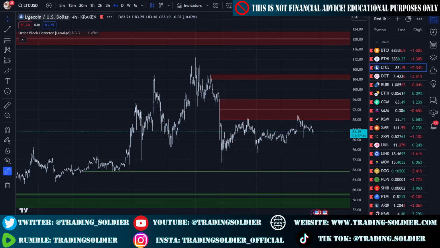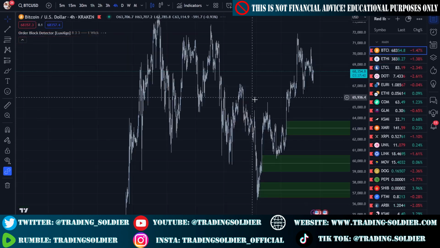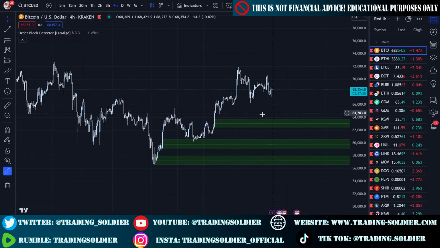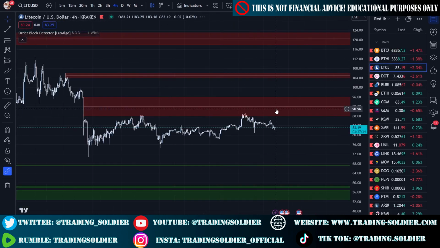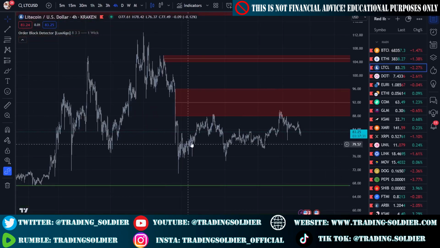In this case, I'm analyzing Bitcoin because we have bearish and bullish order blocks, though Bitcoin has a lot of bullish price action and I cannot find bearish order blocks to explain to you. But for example, when the price reached the bearish order block, it got rejected because a lot of sell orders were executed here.